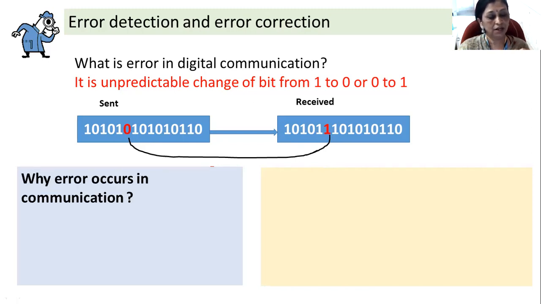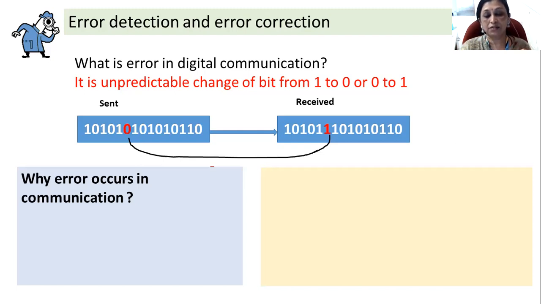Now students, let us discuss why the error occurs in the communication. Suppose data is transmitted from one end to another end over a long distance. What happens? The strength of the signal goes on decreasing with respect to distance.